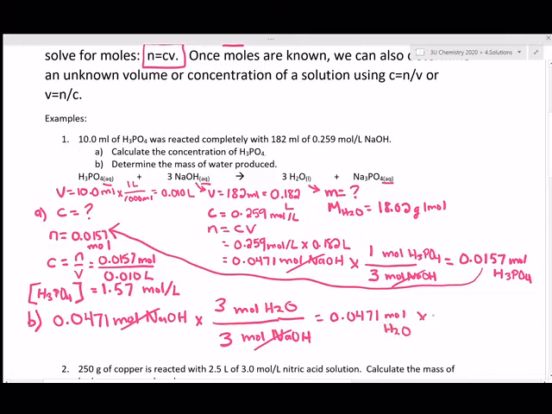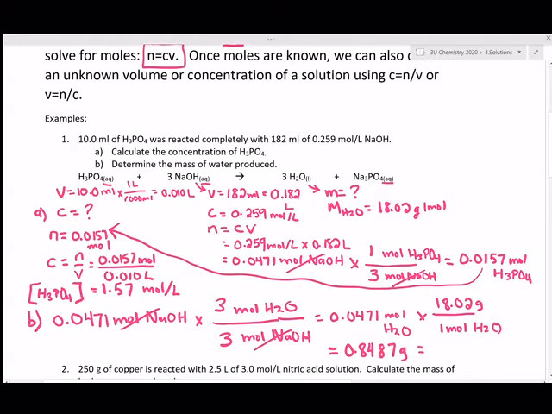We've already got the molar mass ready to go. 1 mole of water on the bottom, 18.02 grams on the top, and you'll get 0.8487 grams.